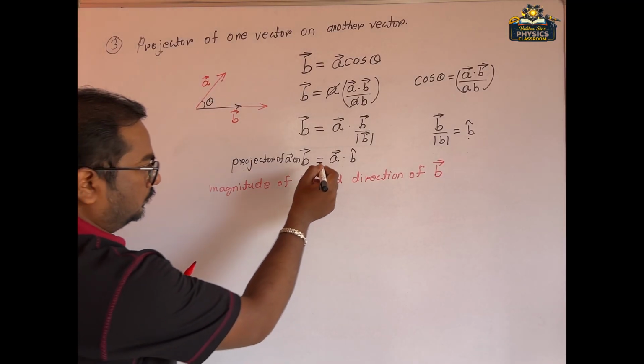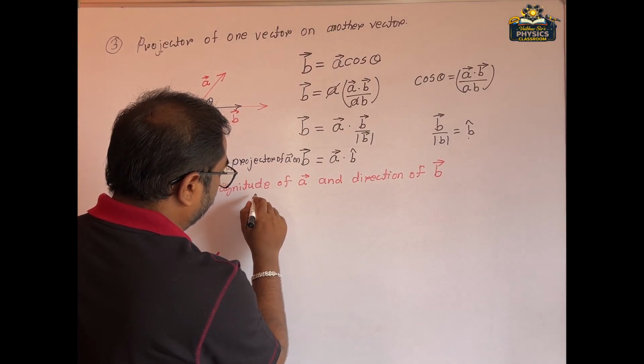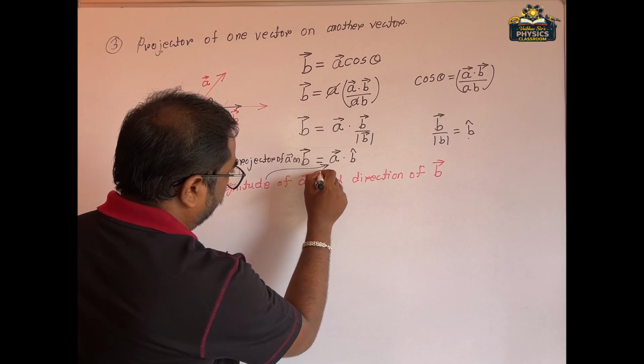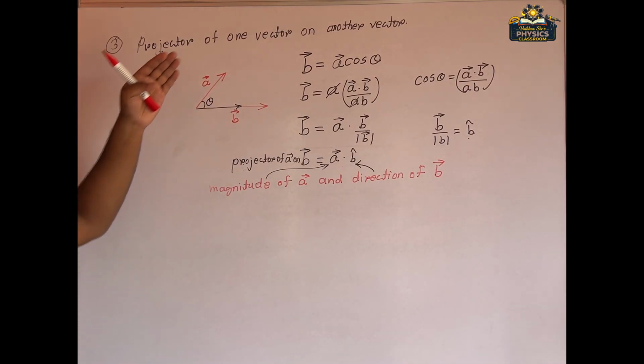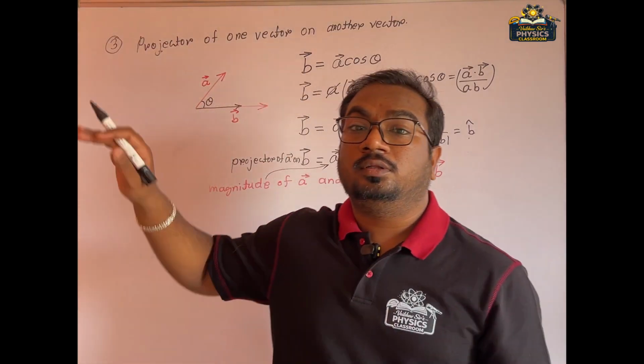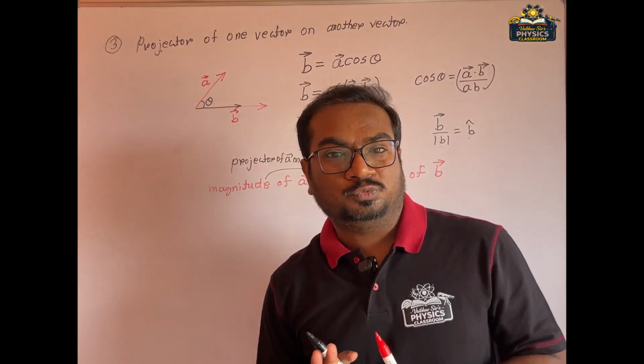This is the magnitude and this is the direction. It's like that, we can project one vector on the other vector also.